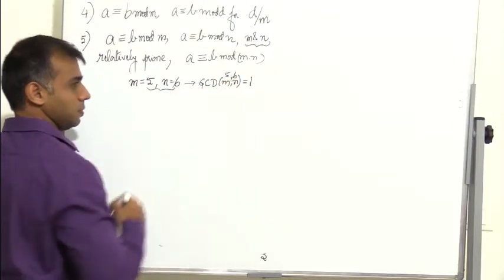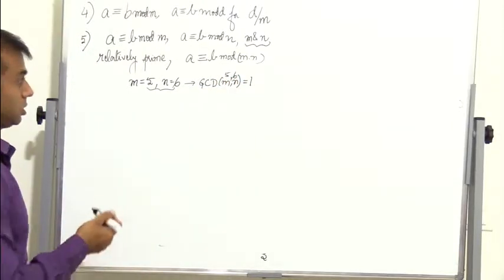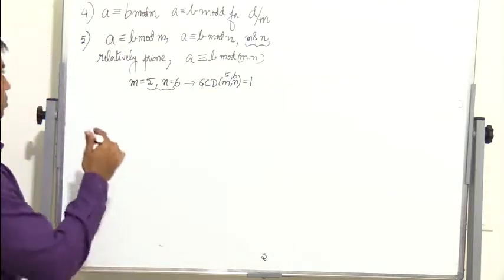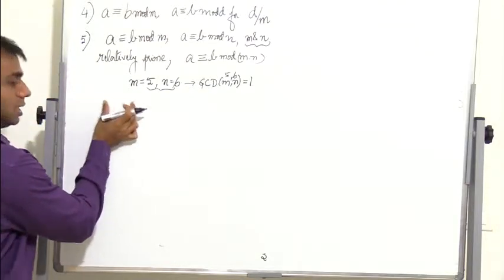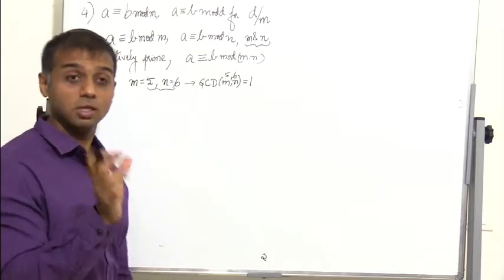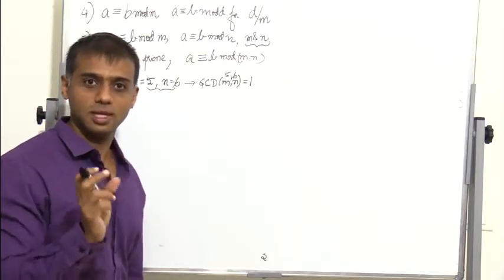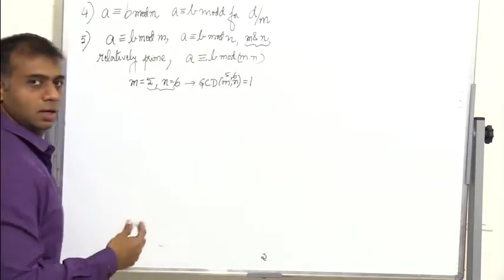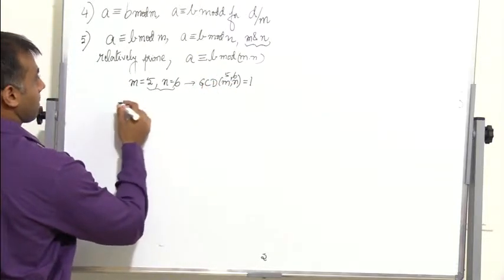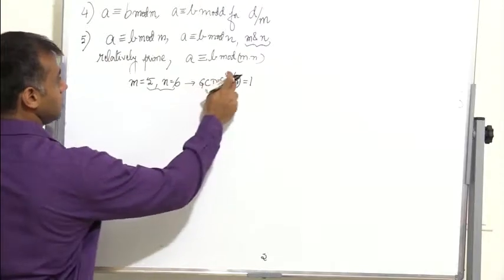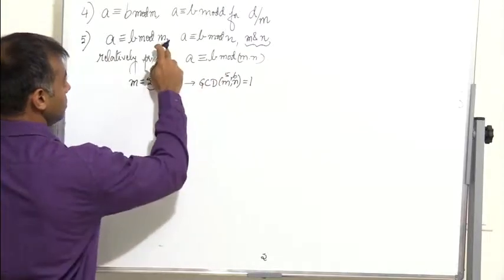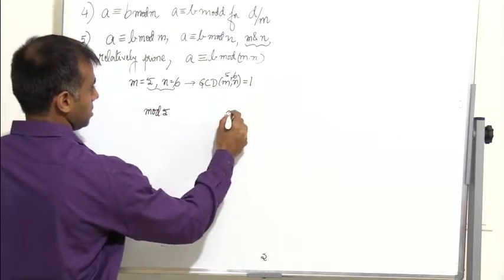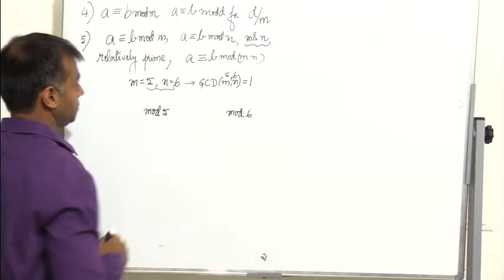It is also to be noted that two consecutive numbers are relatively prime. Right? So we have to note that any two consecutive numbers are always relatively prime. So that has to be noted. That's the reason why I have taken 5 and 6. So now we have m is 5 and n is 6.